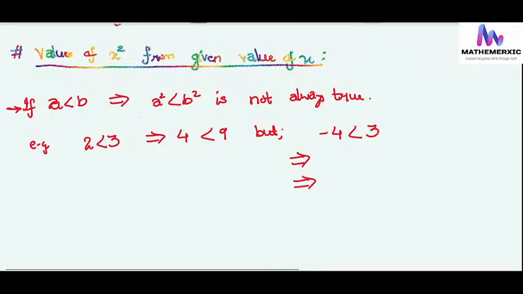Okay, minus 4 is less than 3. If you square it, how will you square this? It was very genuine that it is not always true.